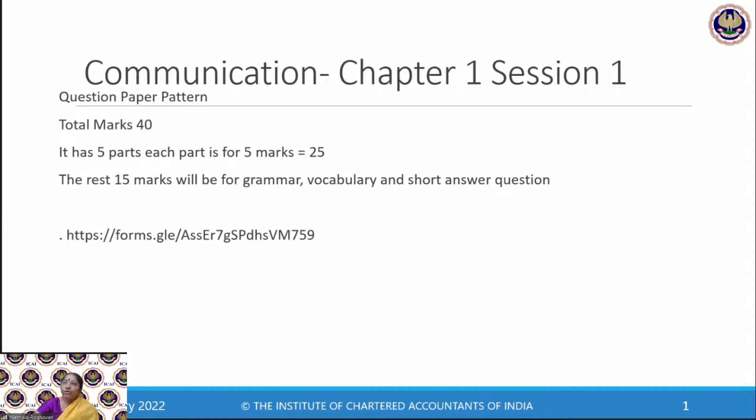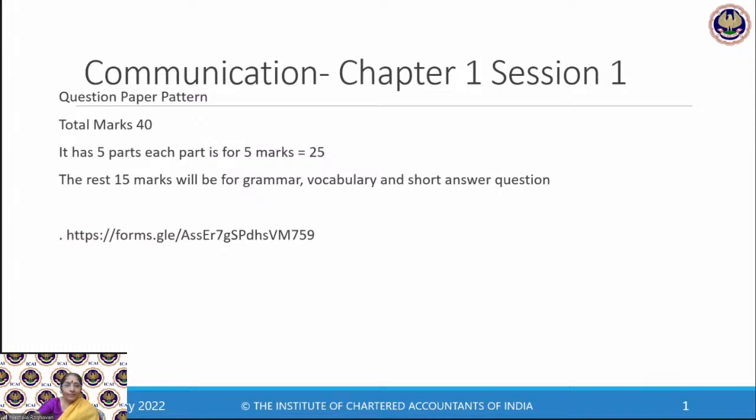Now, here we go with Chapter 1 and the first slide. We start off with the assessment pattern so that you understand what the question paper is going to be like and how you need to prepare. And then what is there for the lifetime as regards the study material. Okay, so this is Communication Chapter 1, Session 1.